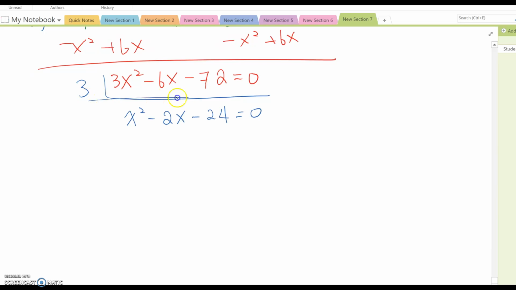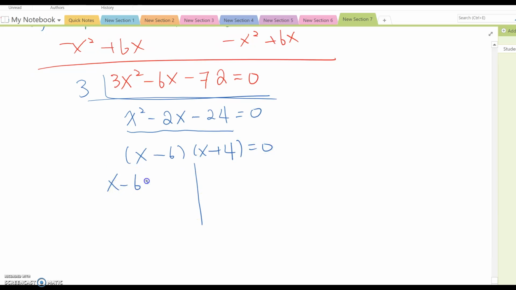So you just factor this and find the answer. So x minus 6, x plus 4 equal to 0. Set each factor equal to 0. Then you will get the answer x equals 6, x equals negative 4.